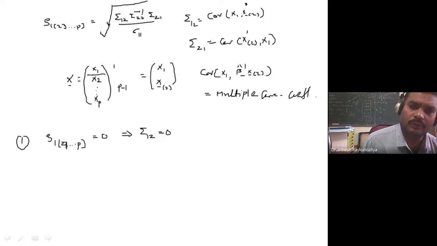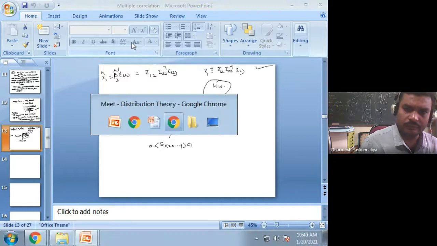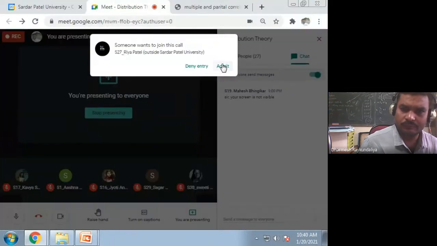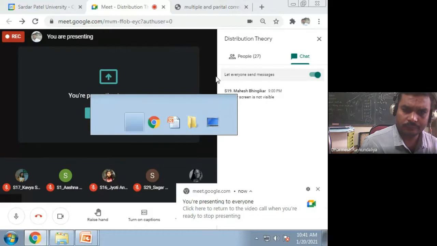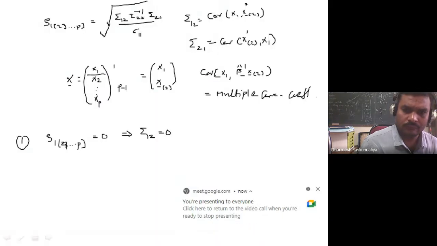Why? Because it is an invertible matrix. Sigma 1 1 is a variance, so it is also not 0. So this quantity becomes 0 if and only if either sigma 1 2 or sigma 2 1 is 0. This you can easily show.